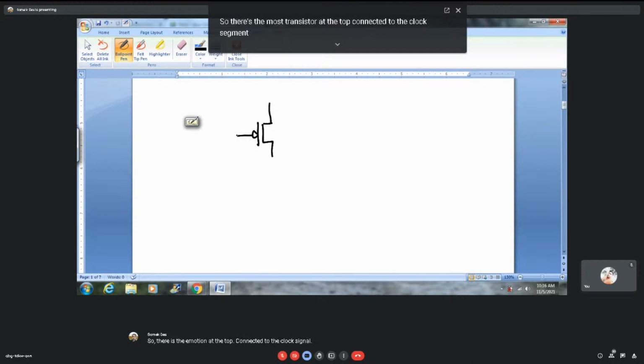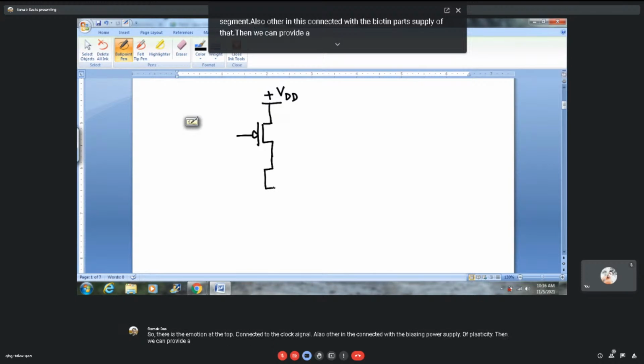Also, the other end is connected with the biasing power supply of plus VDD. Then we can provide a driver transistor over here, say with the input Vin. We have another NMOS transistor at the bottom.